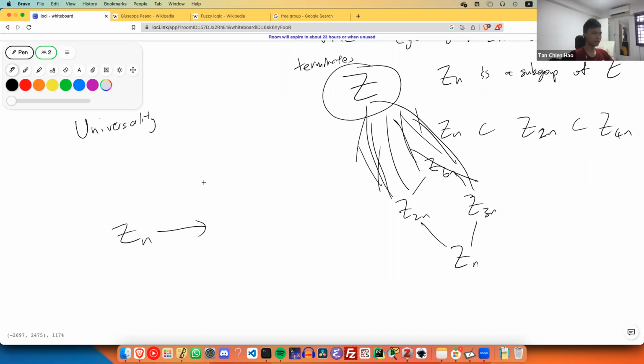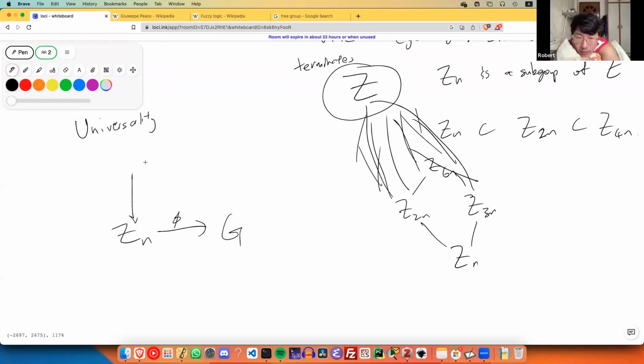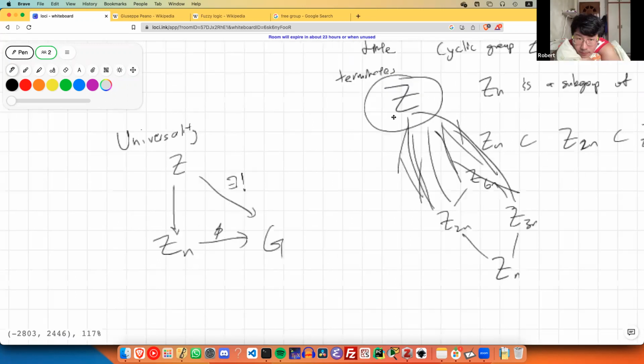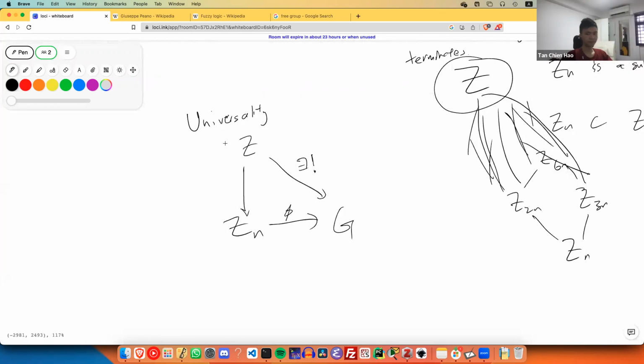It's the same notion. So if you have any homomorphism from Zn to some other group G, then there exists a unique homomorphism from Z to G that respects this diagram. That encapsulates the idea that the map from Z to Zn is just the canonical projection, usually called pi.